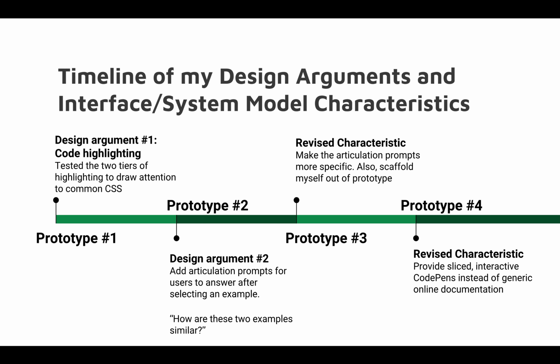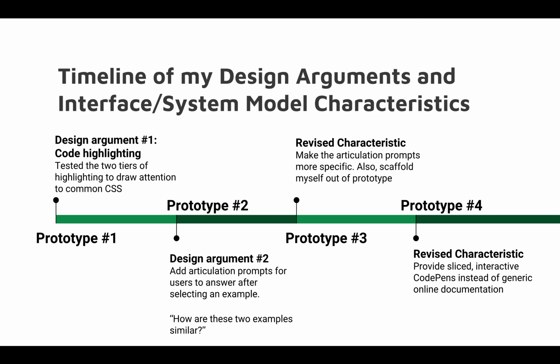They recognized that when they selected something, lines of code were highlighted, but they didn't know how to effectively use that, so they needed more scaffolds to help them along the way, which is why I added that second design argument. So at the end of the second prototype, I had 2.